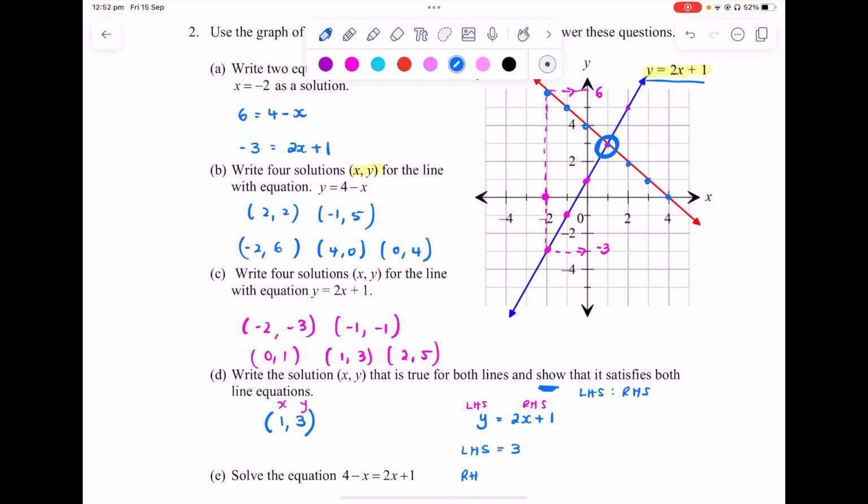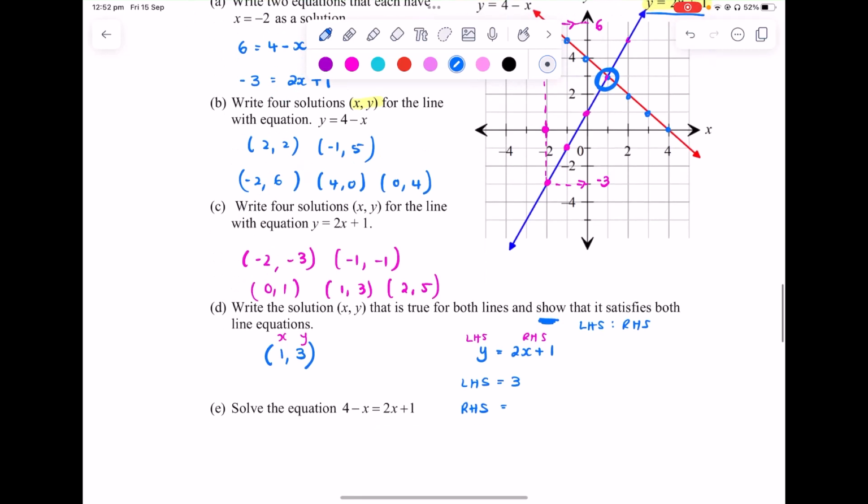For my right-hand side, I've got 2x plus 1, and that's going to be 2 times 1 plus 1. 2 ones are 2 plus 1 is 3. Left-hand side equals right-hand side, so the point (1, 3) lies on it.